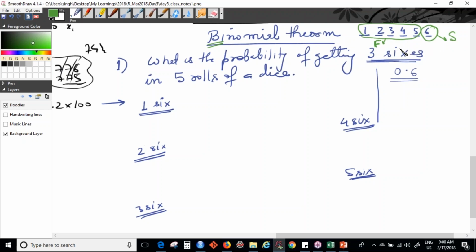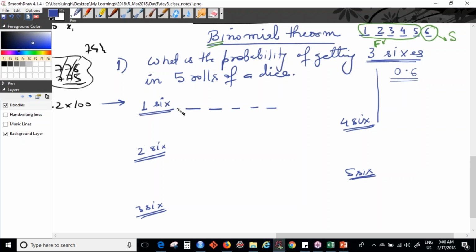Okay. So now let's see, if I roll a dice only once, these are the options I can have. Now in how many ways can I get 1 six? Okay, so I roll a dice 5 times. So 1, 2, 3, 4, 5. 5 times I have rolled my dice.